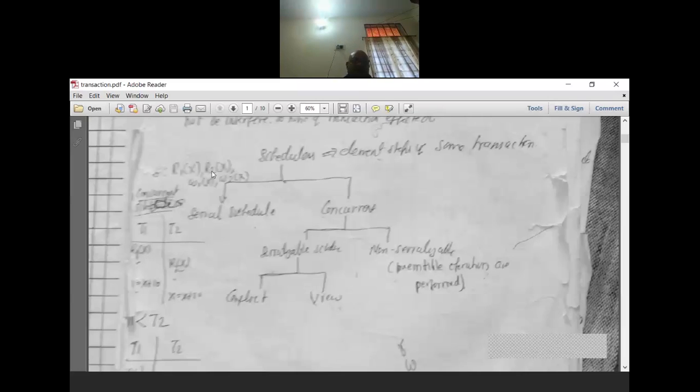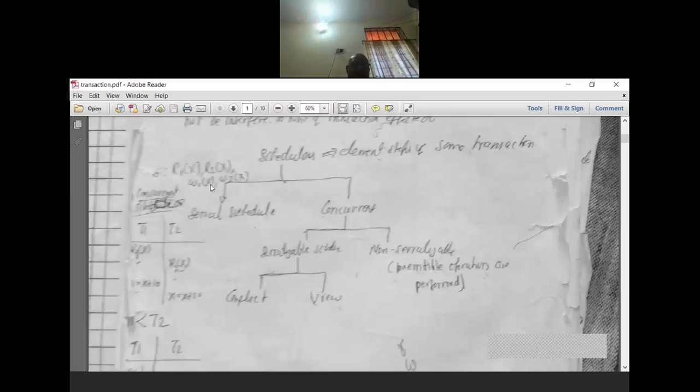That means second transaction. So I will not write in front of it, because this operation is performed after the previous operation. It is performed by transaction T2, so I will write it in T2, but below the first one, because it is performed later.